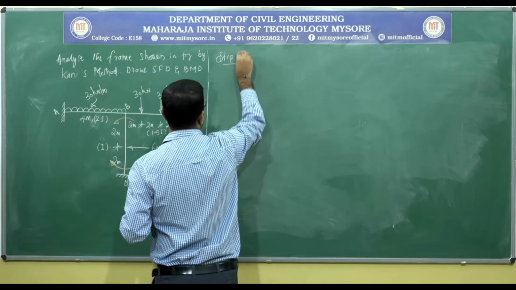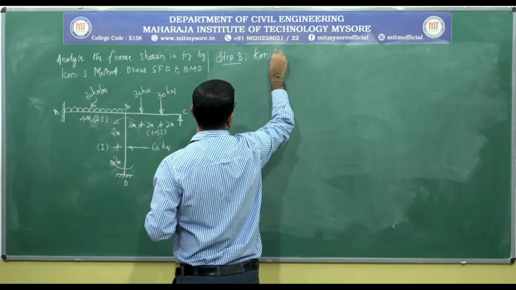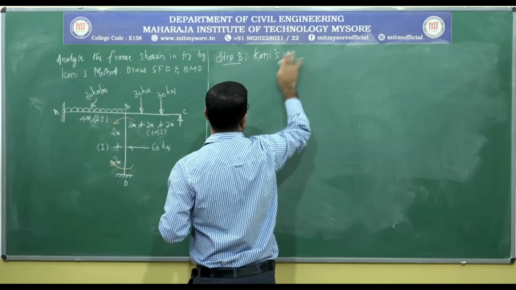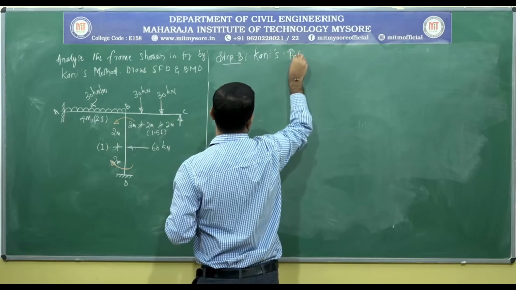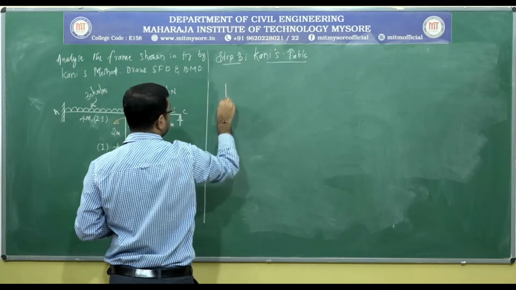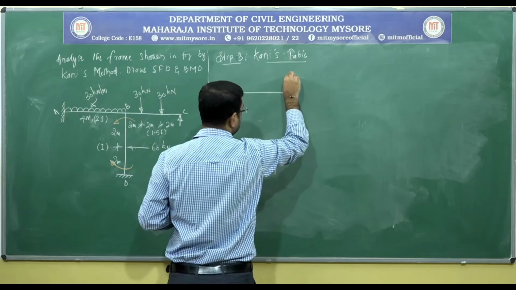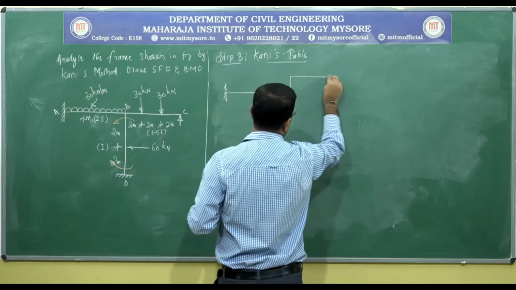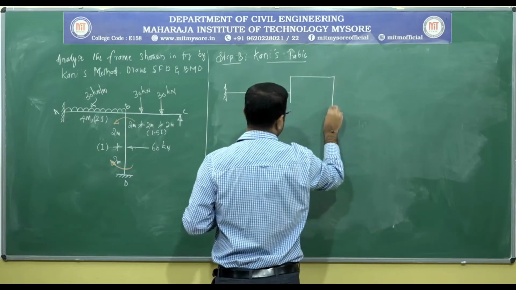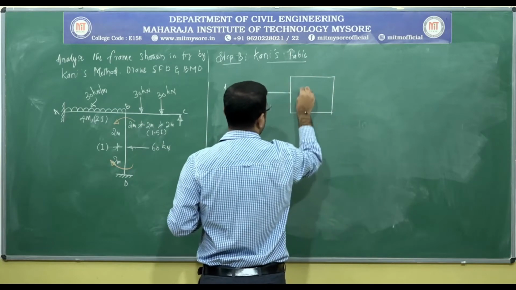Step number 3, Kani's table. So here you can see what I am going to do. I will draw all the members as they are. Only I will replace the intermediate joint, that is joint B, by a box.